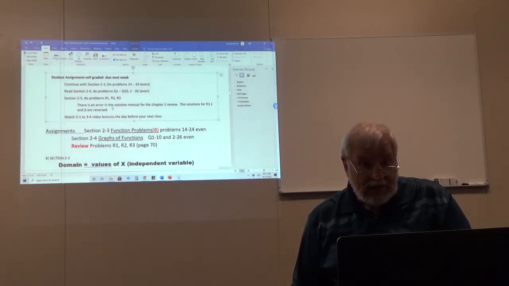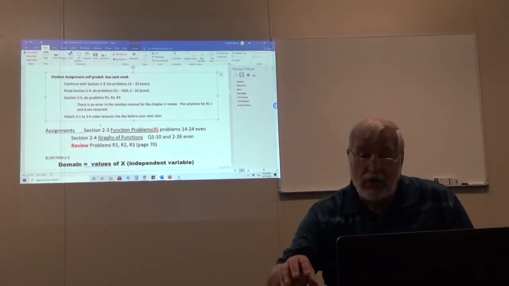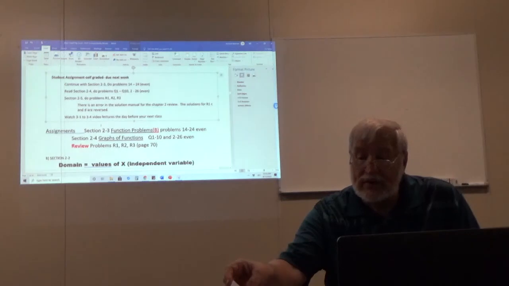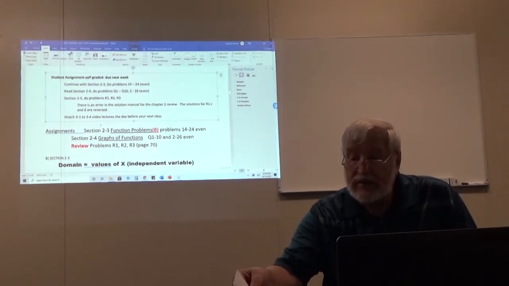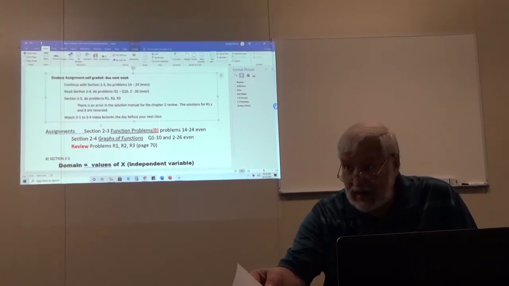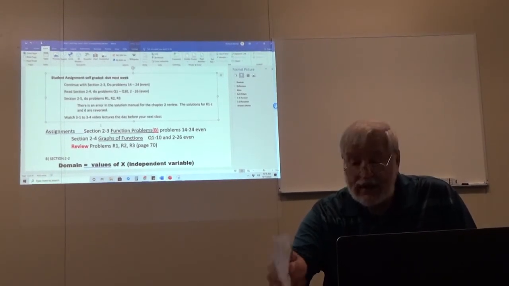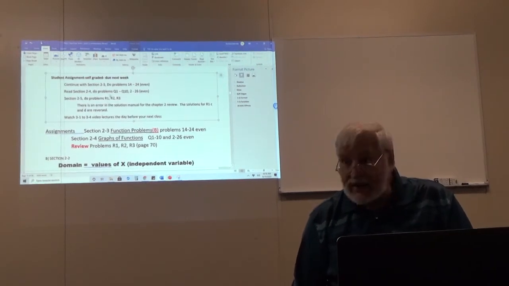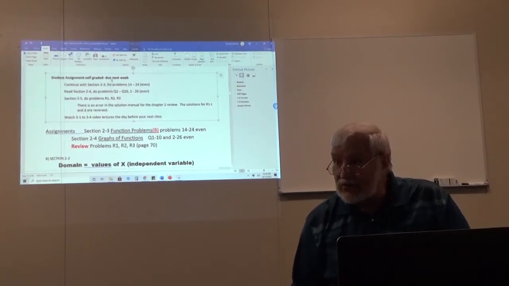And then the section 2.4 is the one we just got done talking about, where you're looking at whether or not they are functions and what the graphs look like. And again, you have to sketch the graphs, but use your calculator to see what that graph looks like.